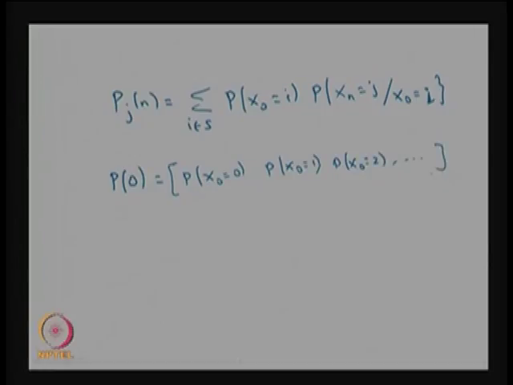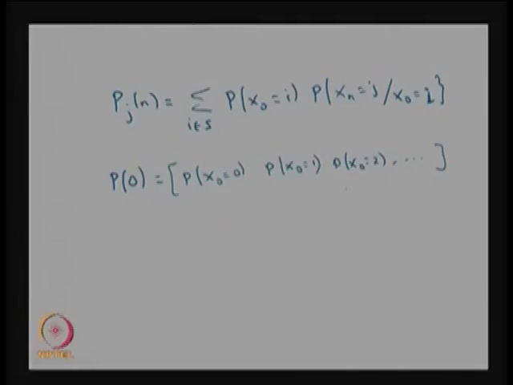We take the states as 0, 1, 2 and so on unless otherwise mentioned in the state space. Unless otherwise assumed, you can always take these values. So, this is the initial probability vector or initial distribution vector.